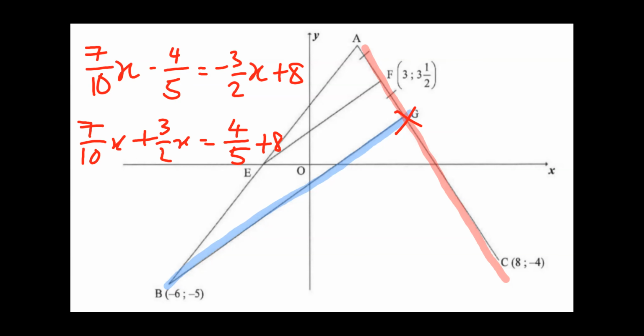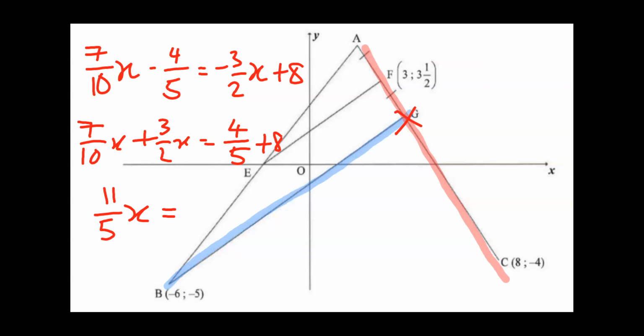Now, because I don't have a calculator with me, I'm just going to find the LCD and add the numerators. So this is 7 over 10. The 3 over 2 I can change to 15 over 10. Then I'll add the 15 with the 7, so I'll get 22 over 10, which is 11 over 5x.